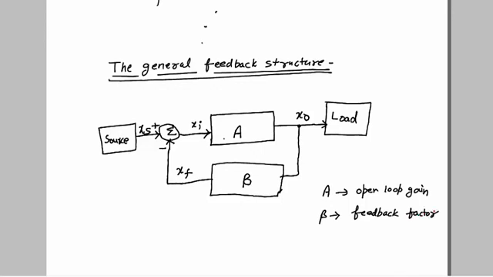Since the open loop amplifier has a gain A, it means x naught equals A into xi. The output x naught is fed to the load as well as to a feedback network, which produces a sample of the output. Based on this we can say xf equals beta x naught.